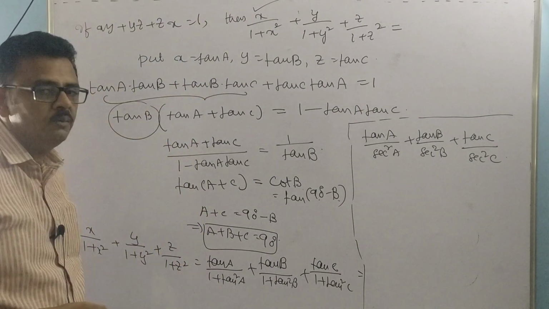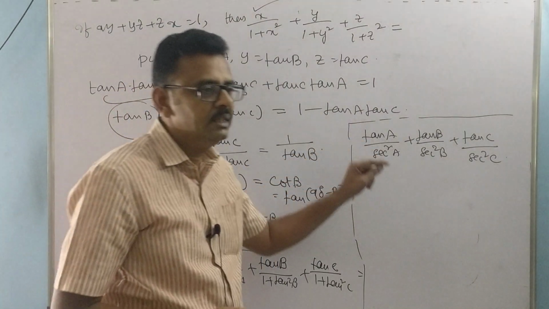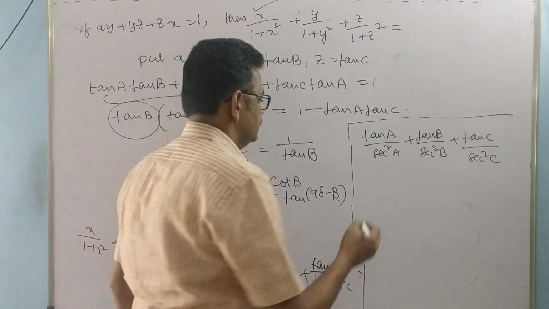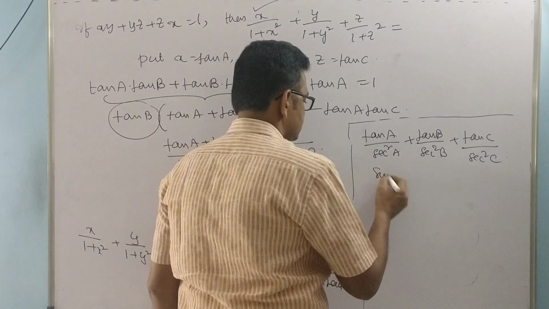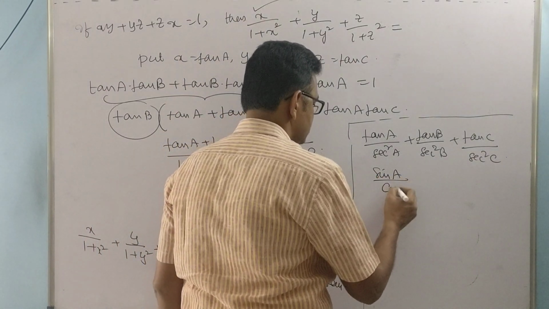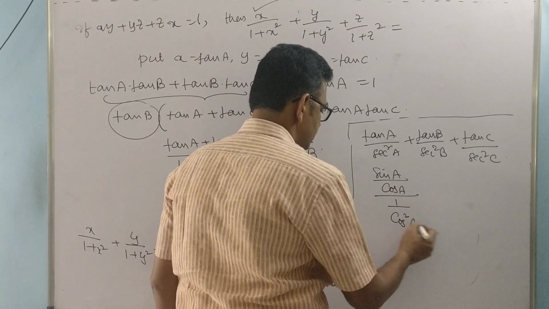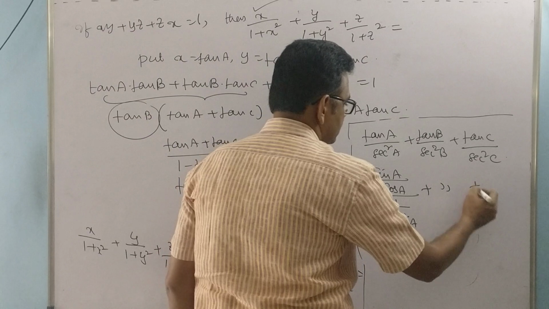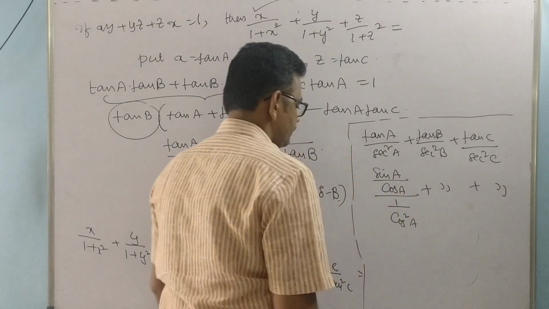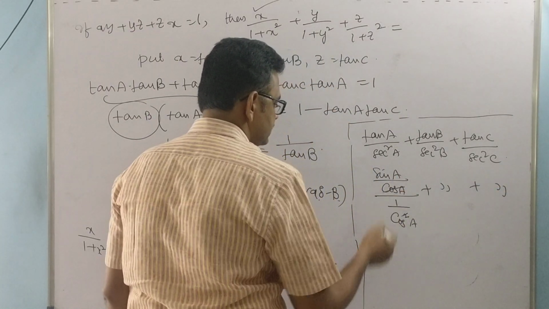Now, what about tan A, sin A by cos A? So this is sin A by cos A by 1 by cos square A, plus similarly these two same. 1 cos A gets cancelled.